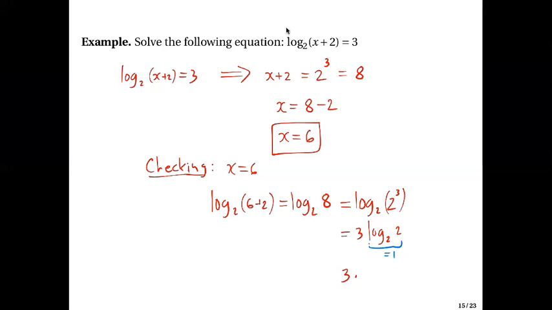We only consider logarithms of positive numbers. So if you have the logarithm of a negative number, then definitely that cannot be defined, and therefore the associated value of the variable is not a solution.